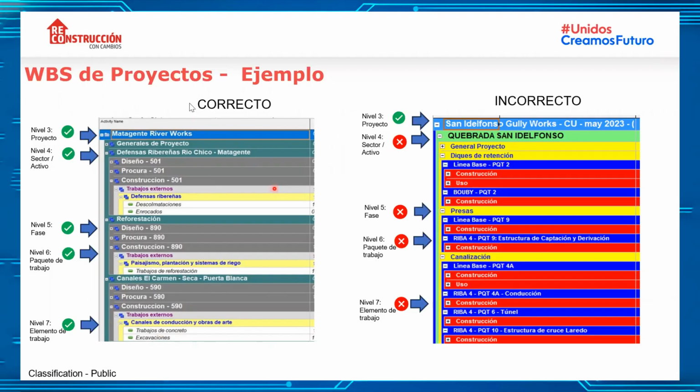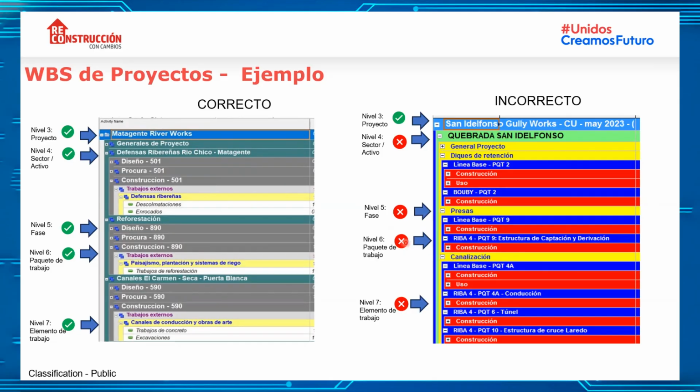And in the next example, to the right, you can see a schedule that was not structured properly. In this case, San Ildefonso. Level 3 of the project, the first level for a project, is correct. However, at level 4, which should be the asset sector, the level of a project is repeated again. In level 5, where we should have the stages, I don't know if they defined the stages, the elements of work, maybe talking about dams, dikes, retention dikes.